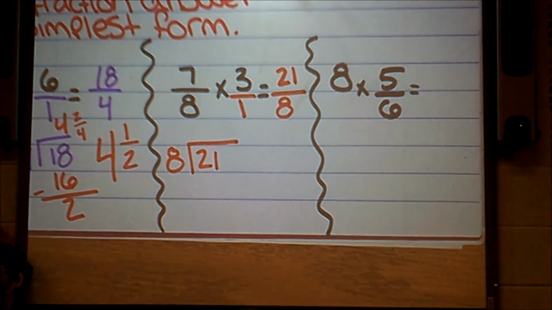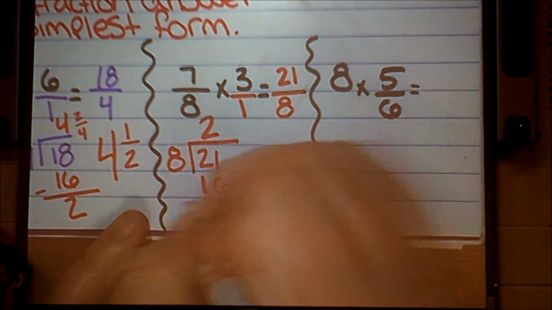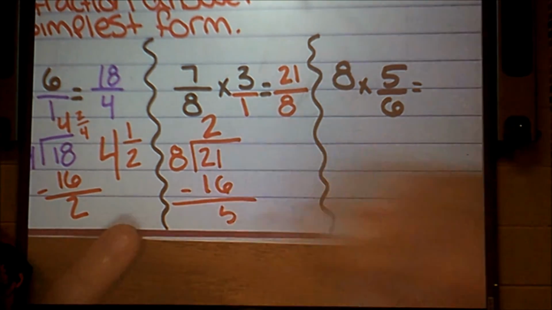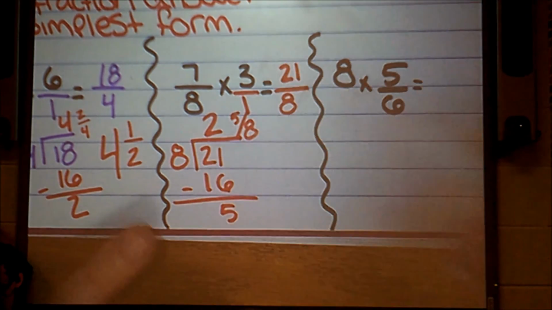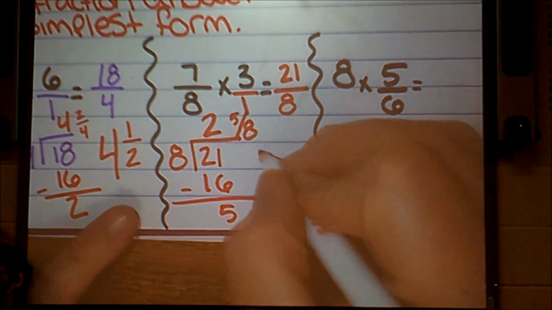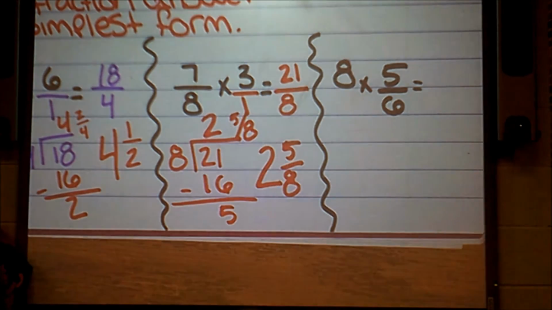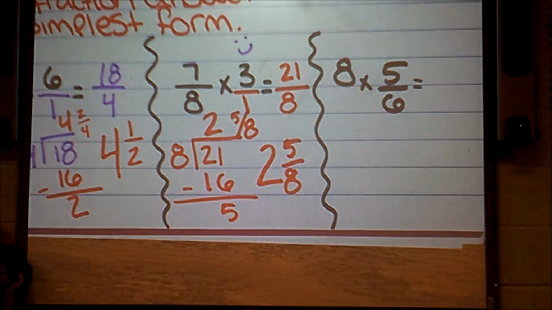Divide to get a mixed number. 8 goes into 21 2 times. 5 left over. So 5/8 is my remainder. So my final answer is 2 5/8. If you got that right, give yourself a smiley.